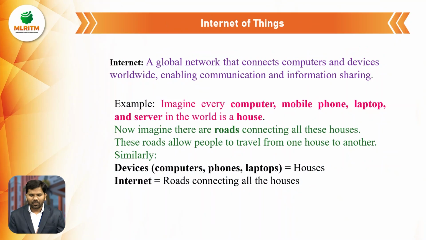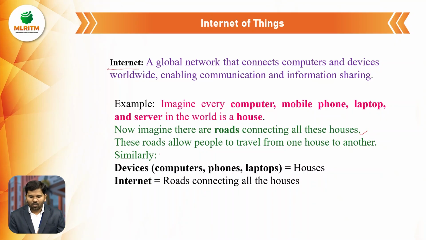Here, the internet we are very familiar with. What is the internet? It is a global network that connects computers and devices worldwide, enabling communication and information sharing. For example, imagine your computer, your mobile phone, laptop, and servers in the world are houses. Now imagine roads connecting all these houses.